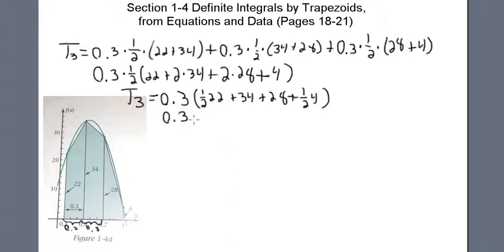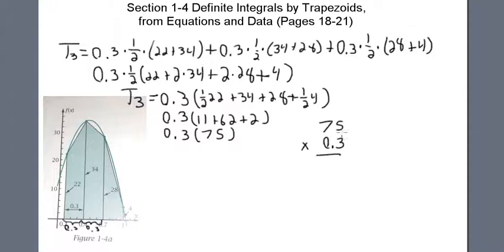We have 0.3. 1/2 times 22 is 11. 34 plus 28 is 62. 1/2 times 4 is 2. 11 plus 62 is 73, plus 2 is 75. 0.3 times 75, I'm going to do the math over here. 3 times 5 is 15, carry the 1. 3 times 7 is 21, plus that is 22. We get our estimate as 22.5.